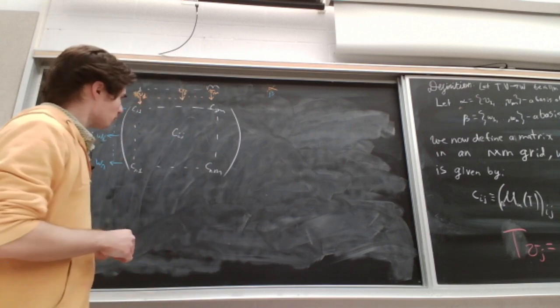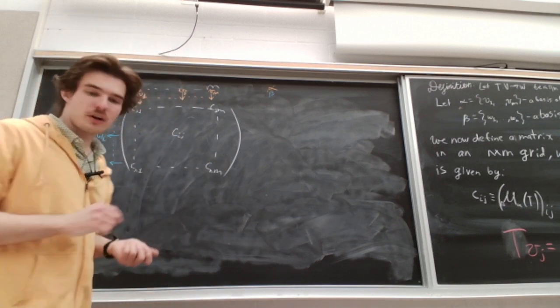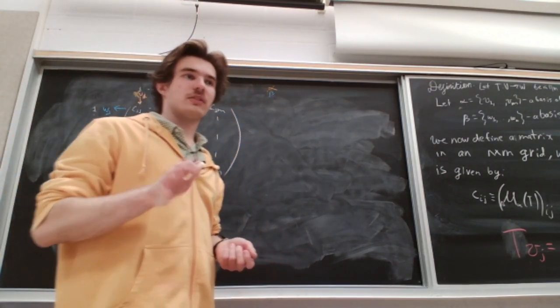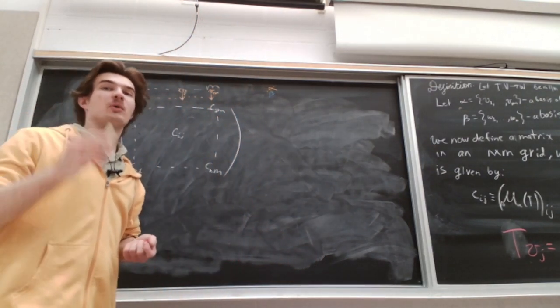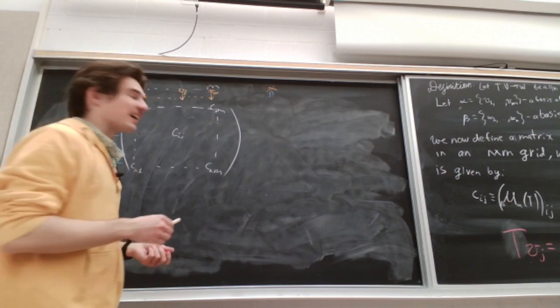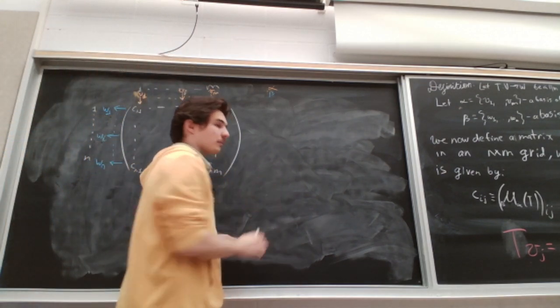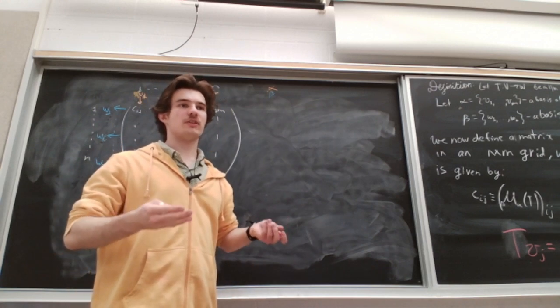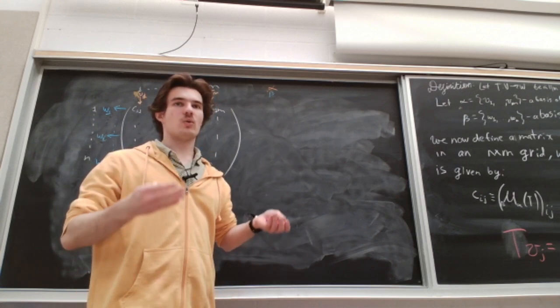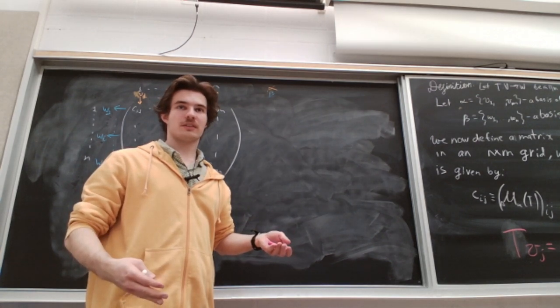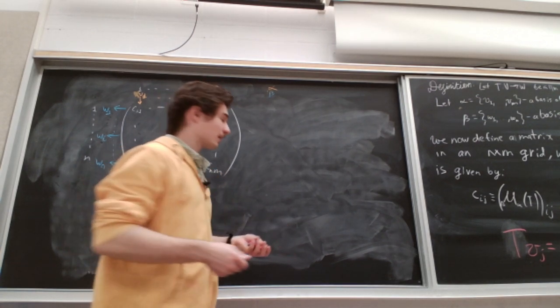Okay, that's good. Now, the other comment I will make, and this will be the bonus suggested exercise for next time. Raise your hand if you know how to multiply two matrices together. Yes, great.